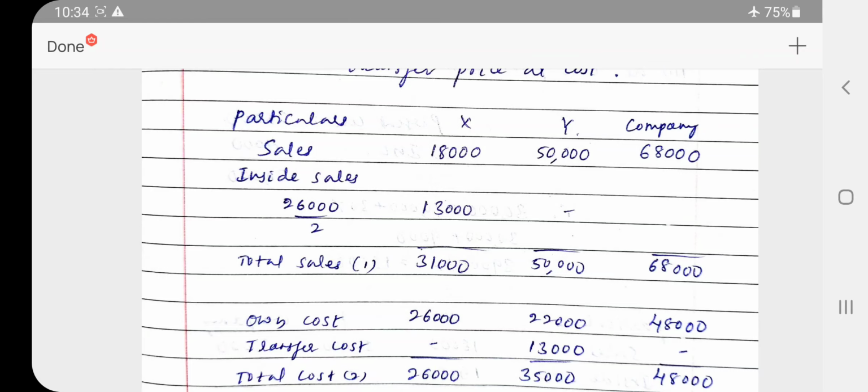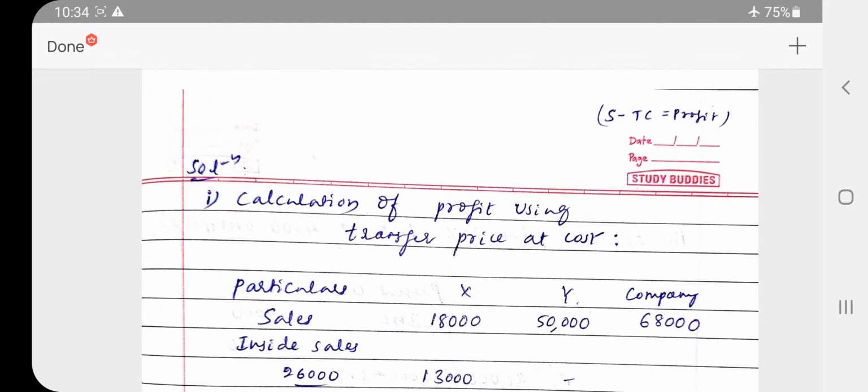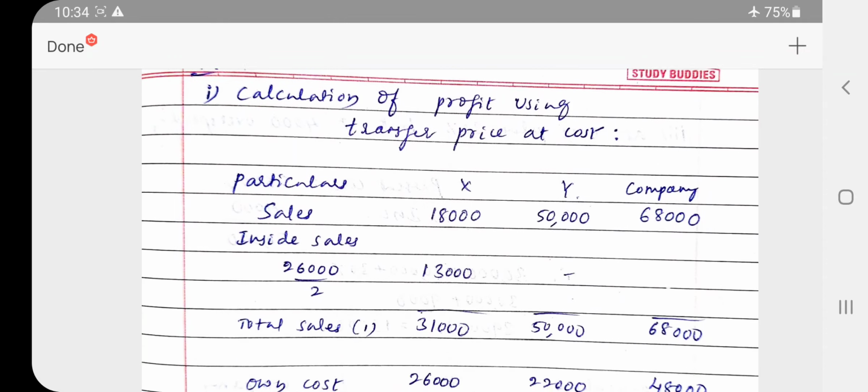Half of it can be sent to the open market and the remaining can be sent to the division Y. So inside sales, X can sell its output half to the open market and half to Y. So the total cost of production is 26,000.